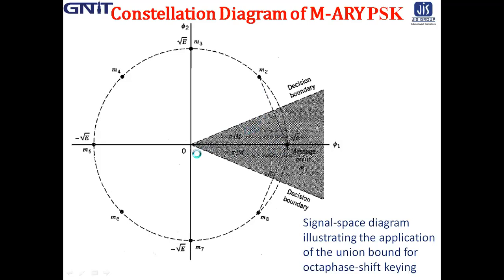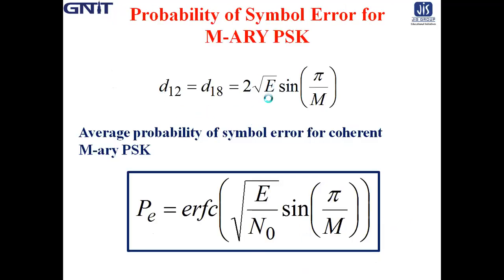Therefore, d12, that is the distance from m1 to m2, equals d18, which is determined from this angle; this is the decision boundary. So this angle is π/M and this is the 90 degree perpendicular. So d12 equals d18 equals 2√E sin(π/M).